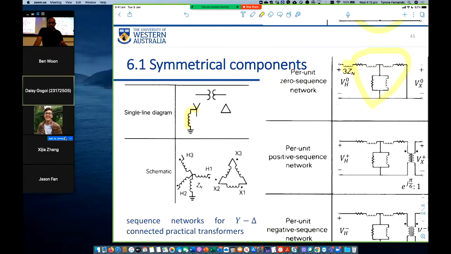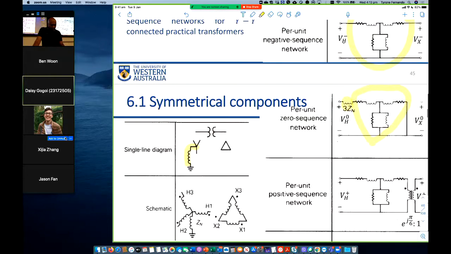Because there is no path from neutral to the ground, no currents can enter or leave the secondary side of the transformer. That's why here the terminals on the secondary are not connected to the primary.